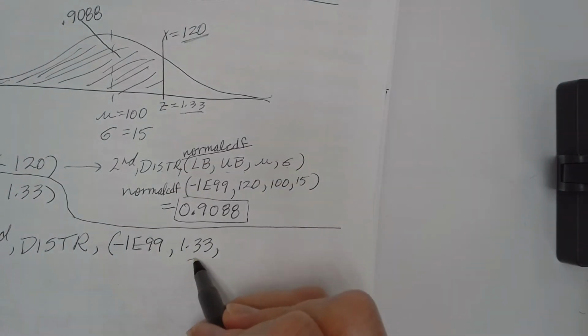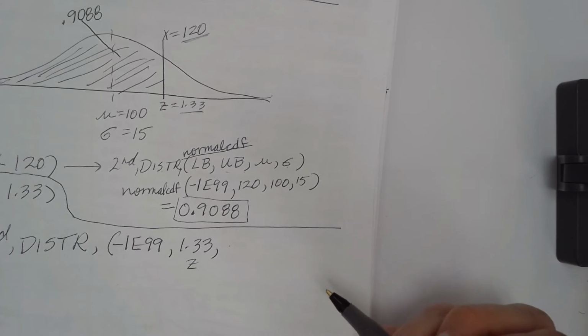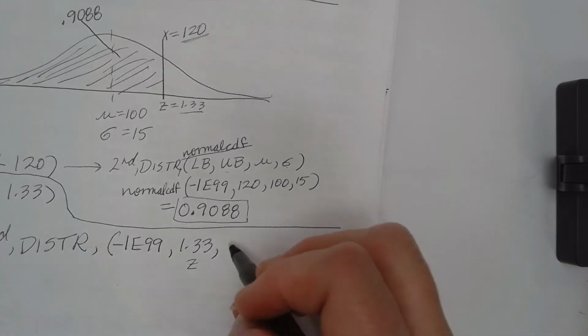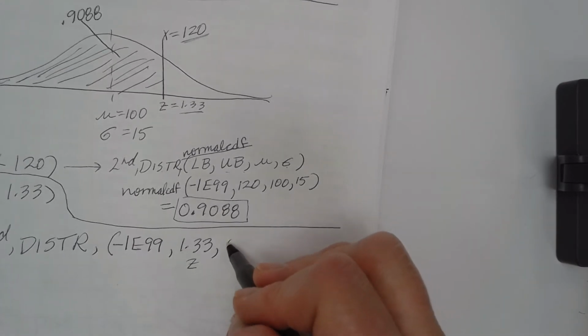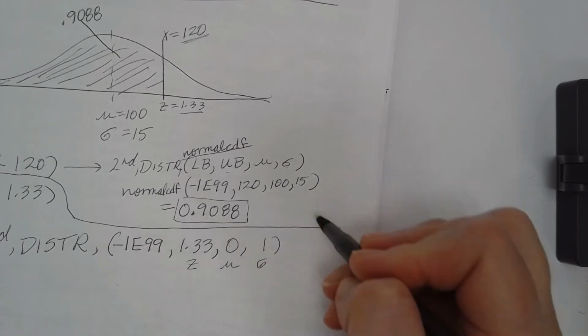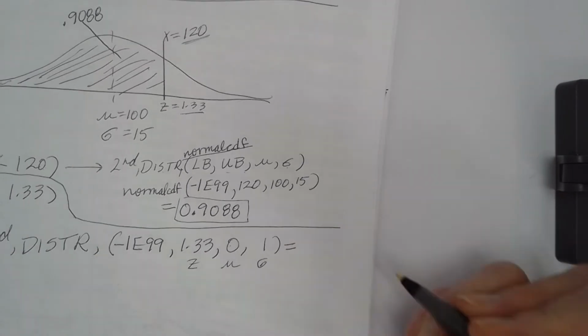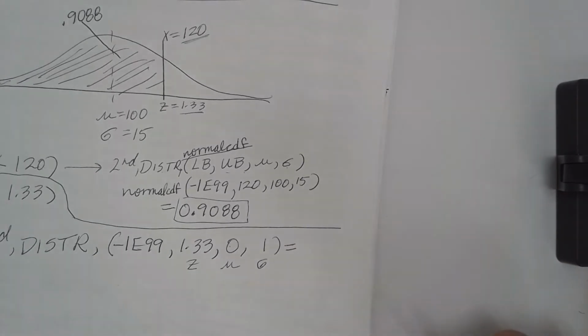So since I put in a z-score, what does the mean have to be? When we're talking about z-scores, the mean is always 0, and the standard deviation is always 1. Okay? So what do you get when you put that in?